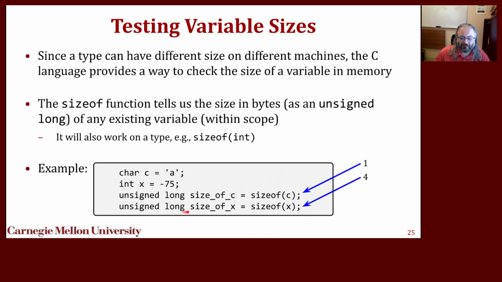I can then go ahead and say I'm going to create another variable of type unsigned long, named sizeof_x. I'm going to assign it the value, the size of the variable x. In my system, the size of an integer is 4 bytes, so this is going to have a value of 4. And this is how we can actually change the behavior of our code based on the local use of memory within the current system.